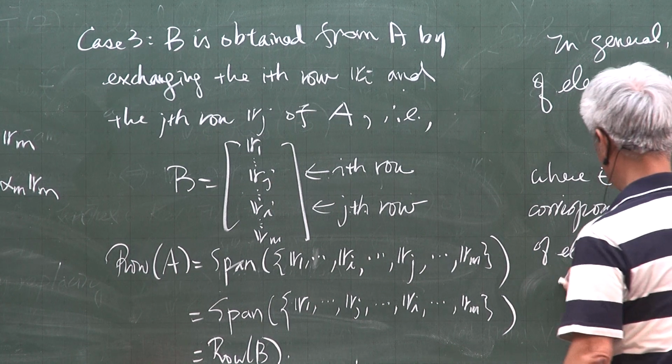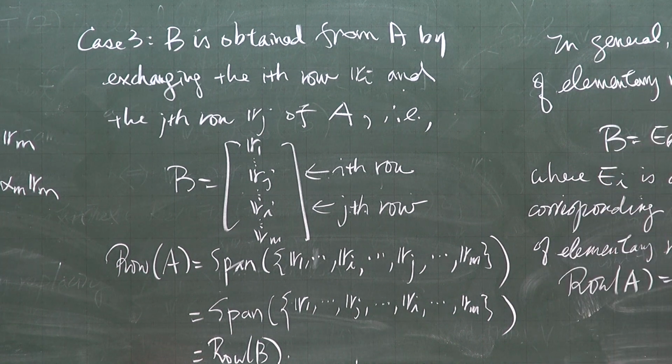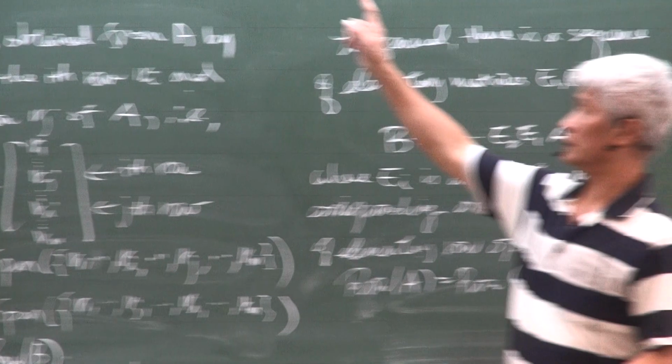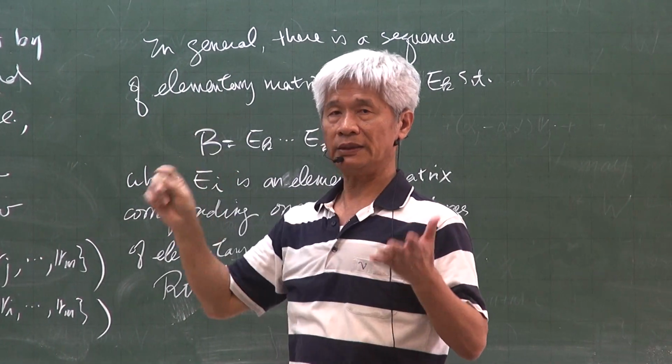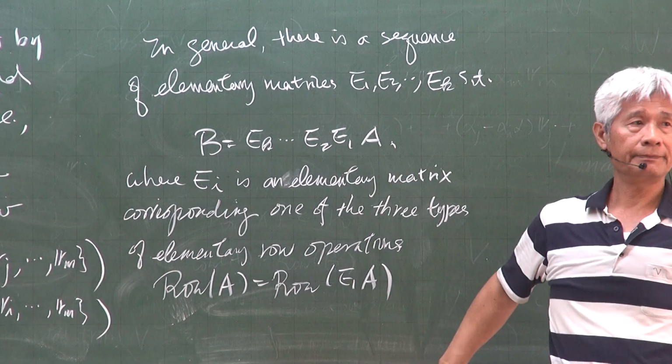So now the row space of A is the same as the row space of E1A, because with just one elementary operation we have either case 1, case 2, or case 3, so they have the same row space.